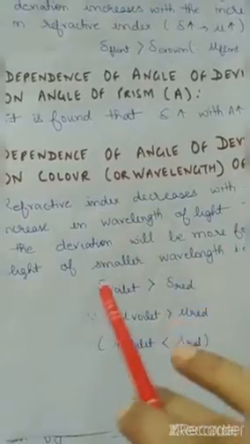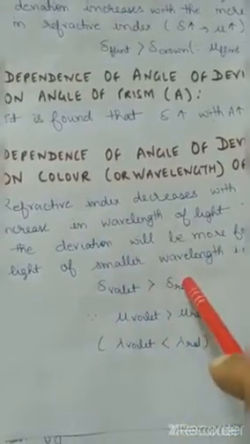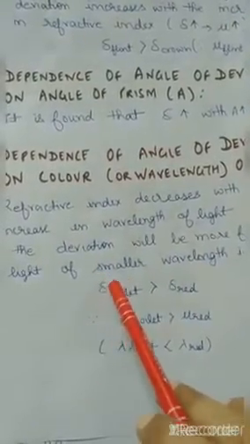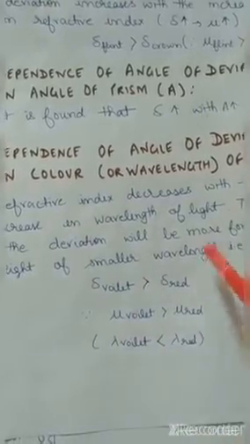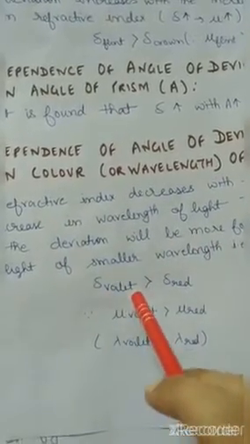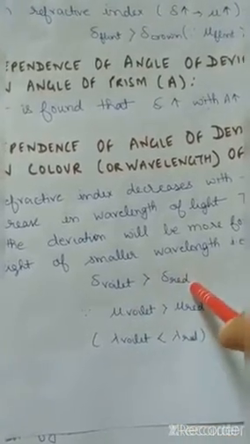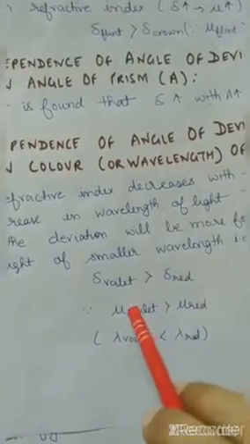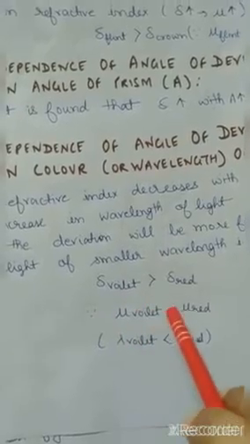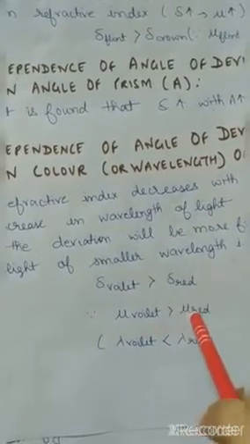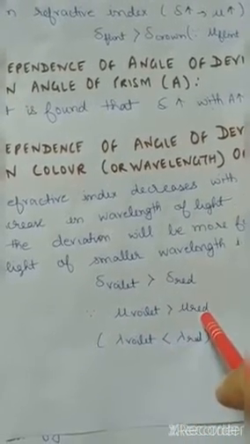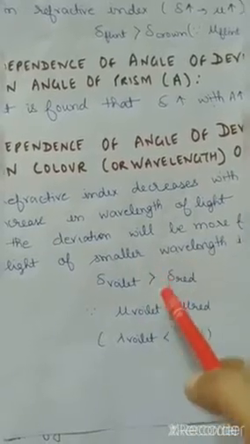Because refractive index will be more for the smaller wavelength, deviation will also be more for the smaller wavelength. So delta violet, the deviation for violet color, will be more than the deviation of the red color. Why? Because the refractive index of violet color is greater than the refractive index of the red color. So delta and mu have a direct relation.